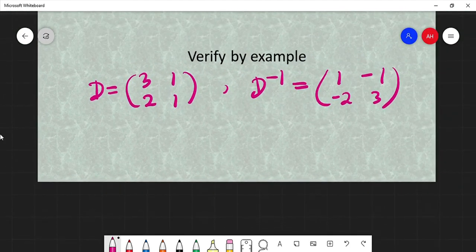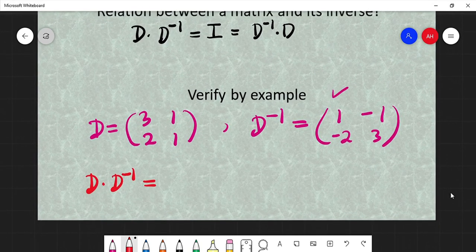Now let's check whether the D inverse from our previous calculation is correct, by multiplying D by D inverse and seeing whether we get the identity matrix. I hope you still remember what we mean by identity matrix.